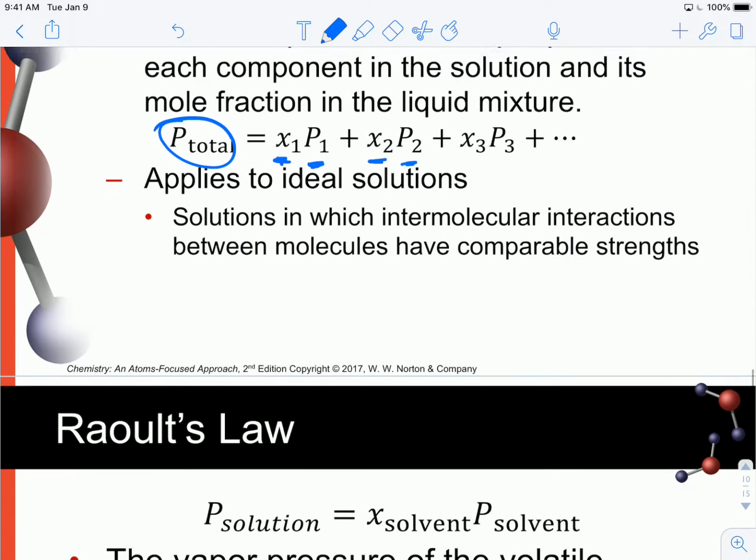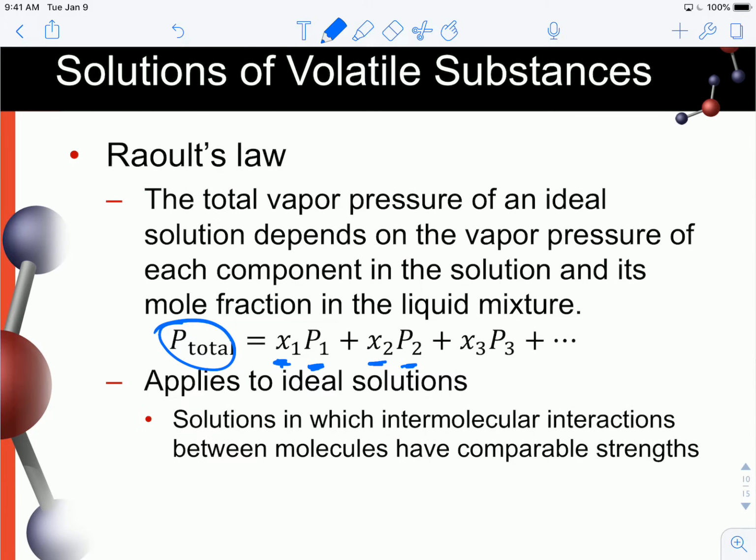Let me go back here. There is a question on SmartWork I gave you. So, imagine you now have two substances and you calculate the total vapor pressure. There's a question on SmartWork where I ask you to calculate the mole fraction of one of those species in the gas phase. Well, if you know the total, you can calculate the vapor pressure in that phase, that part of the total, for one of them.